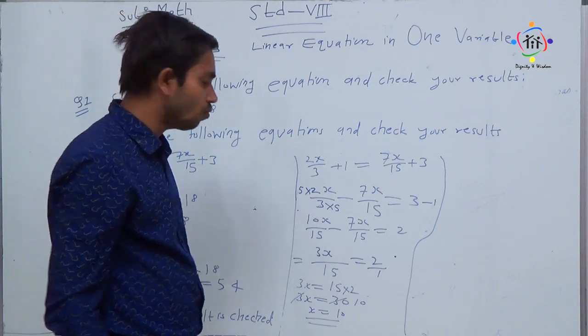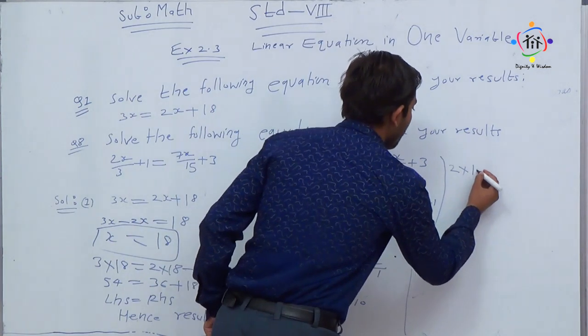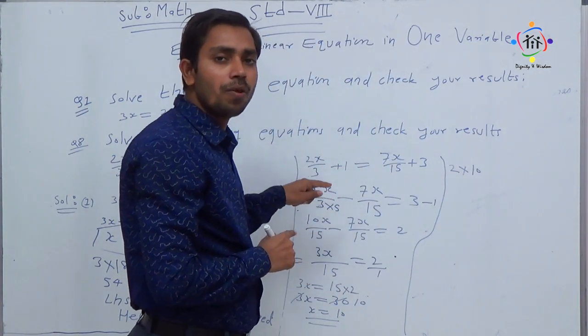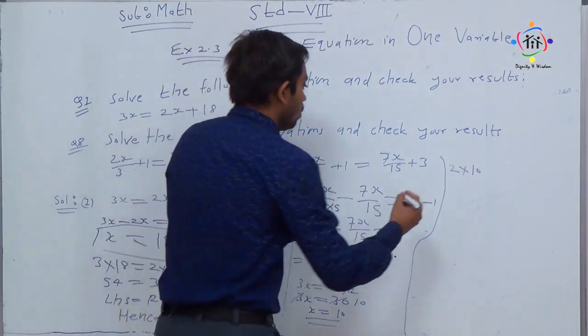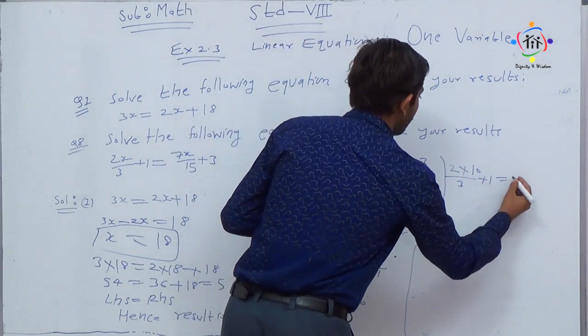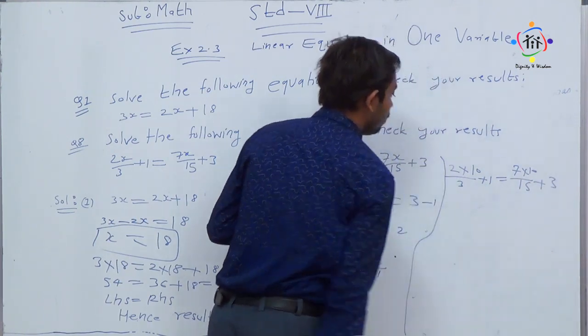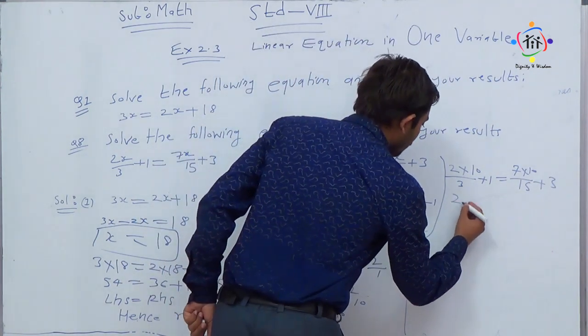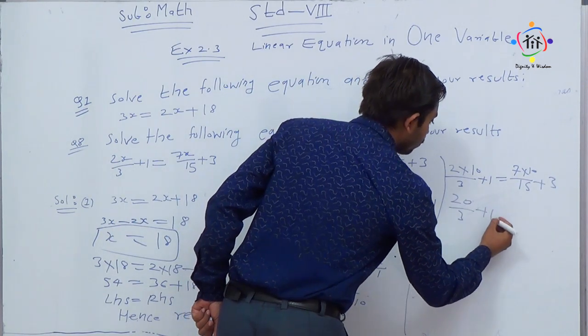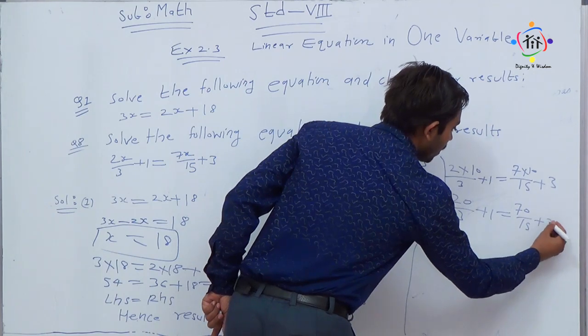So let us see, my dear students, 2 into 10, wherever x is there we will put 10, whole divided by 3 plus 1, is equal to 7 into 10 divided by 15 plus 3, my dear students. 2 10s are 20 divided by 3 plus 1, is equal to 7 10s are 70 by 15 plus 3, my dear students.